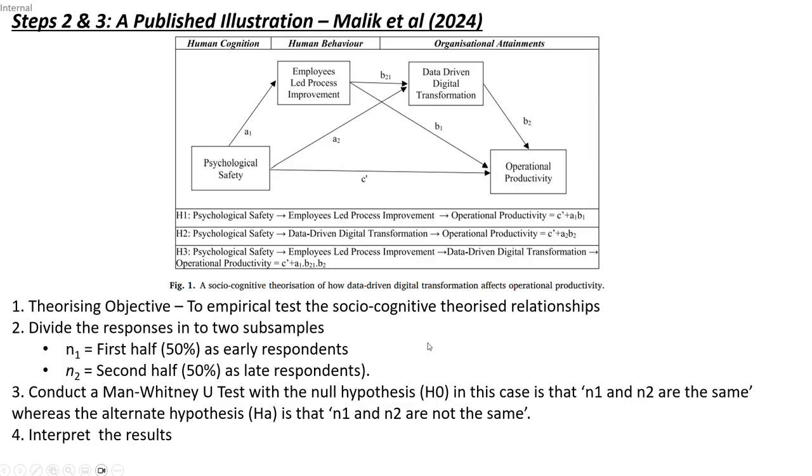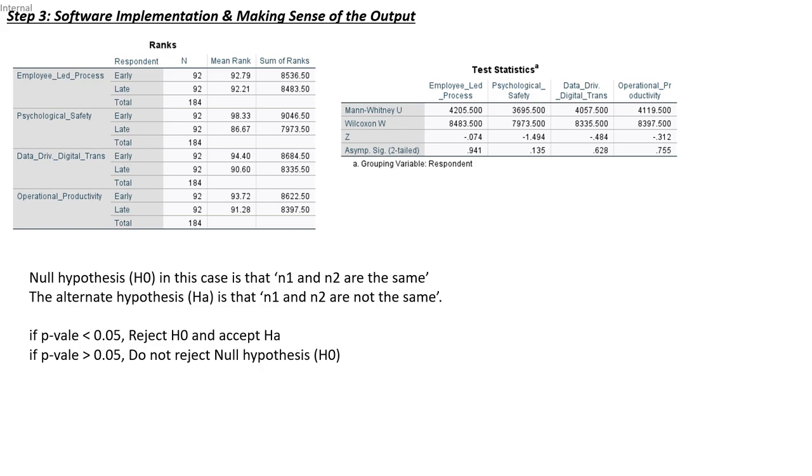I go to the next slide where I did the software implementation in SPSS, now making sense of data. This is the descriptive and rankings, which we can skip at the moment. The key thing is the p-value, to check if the null hypothesis needs to be retained or rejected.